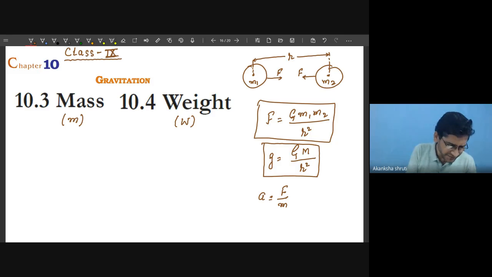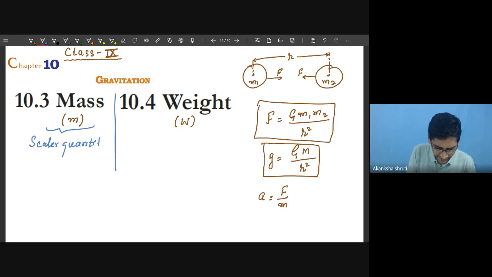So a student, we have to keep in mind mass is a scalar quantity which tells us the amount of material present in a body. Say if you are taking a cricket ball, it has a certain mass or it can put a certain impact.